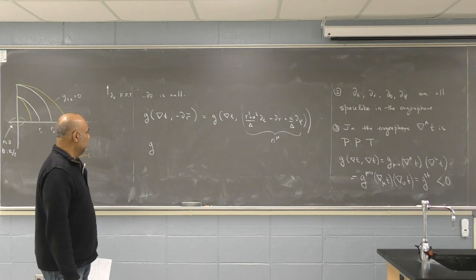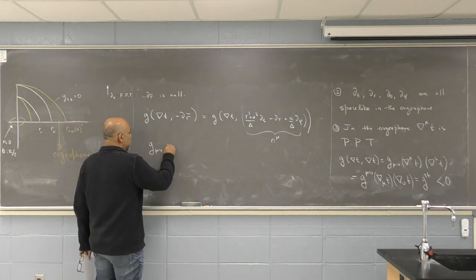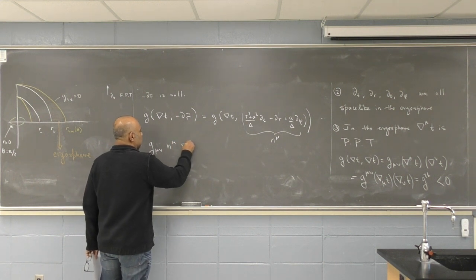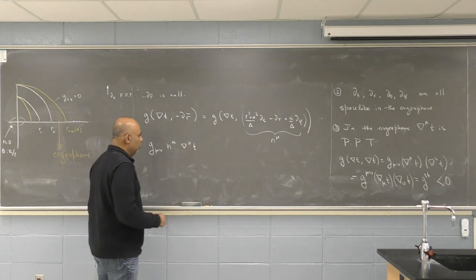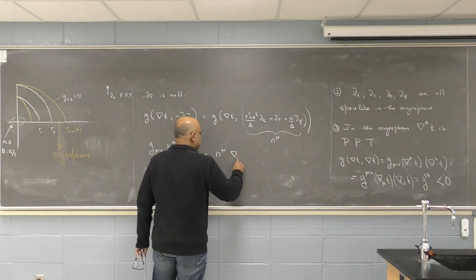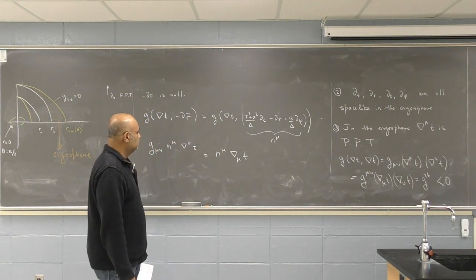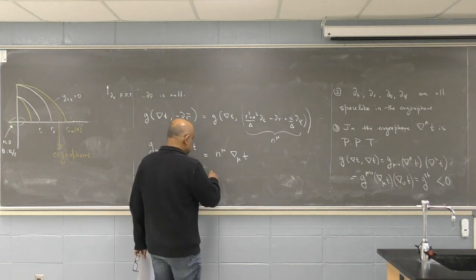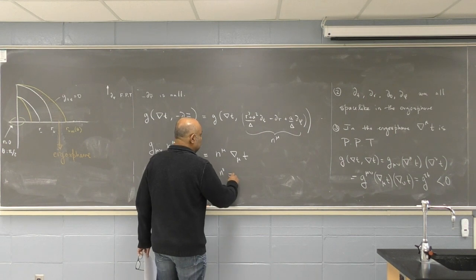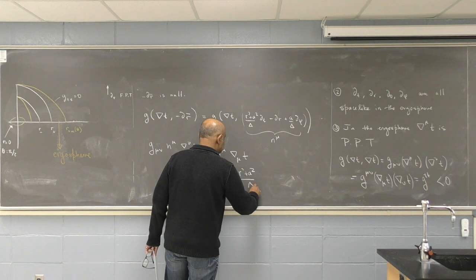So this is g mu nu n mu nu t, which is equal to n0, which is (r squared plus a squared) over delta.